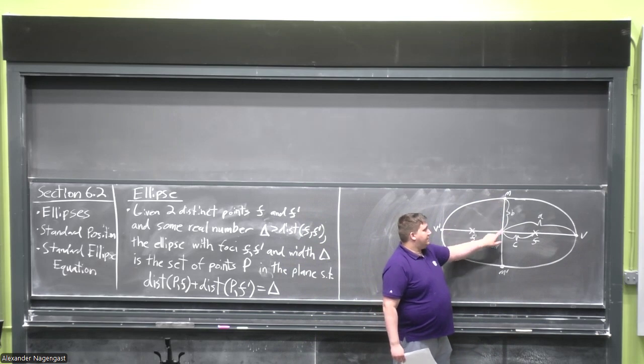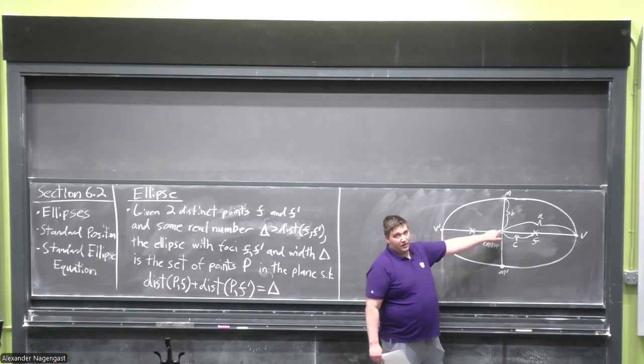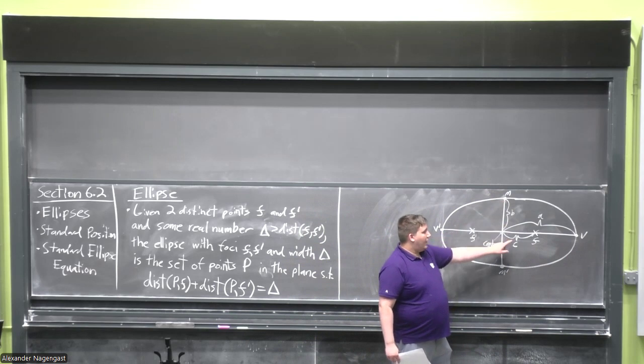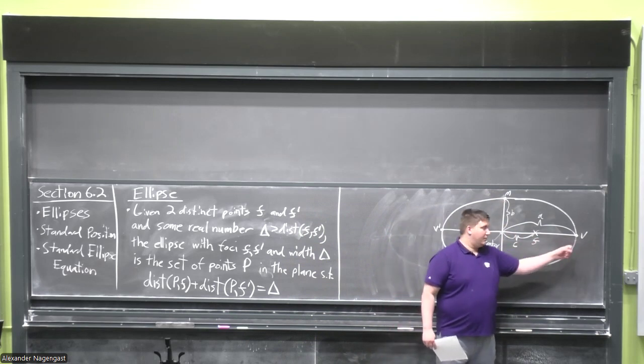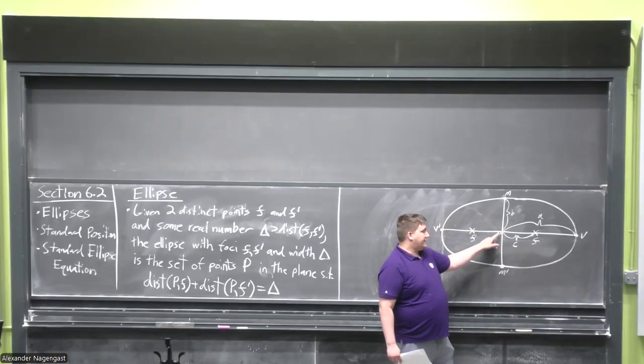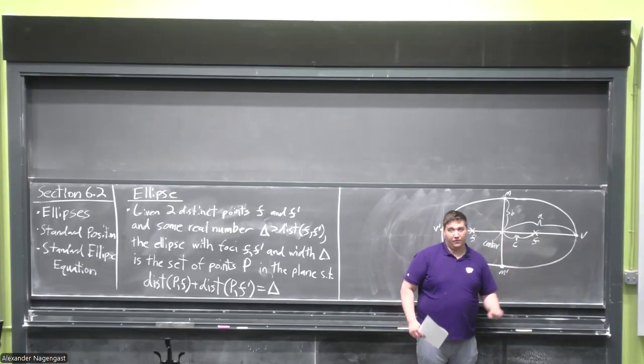B is the distance between the center and a minor point. A is the distance between the center and a vertex. C is the distance between the center and a focus.